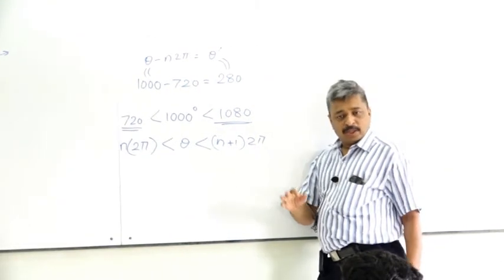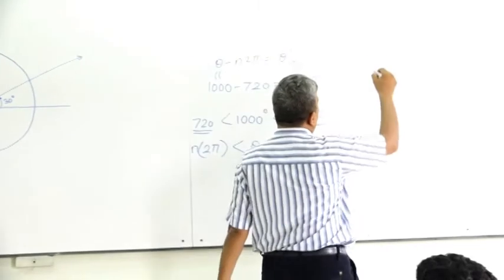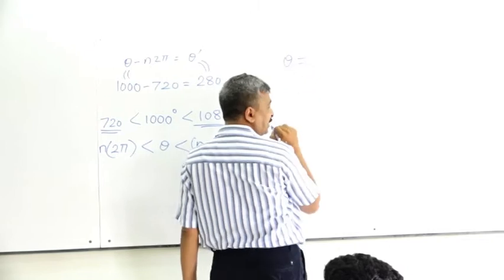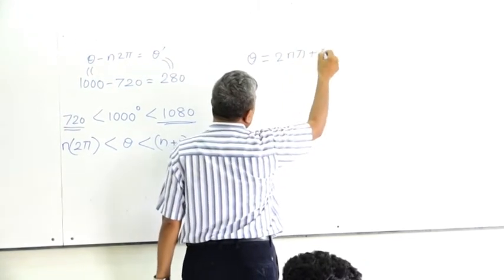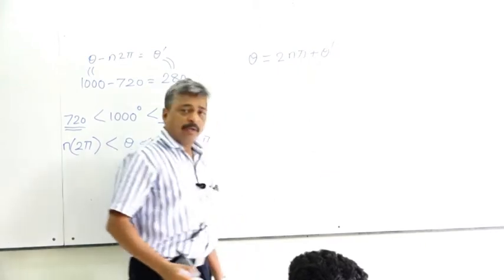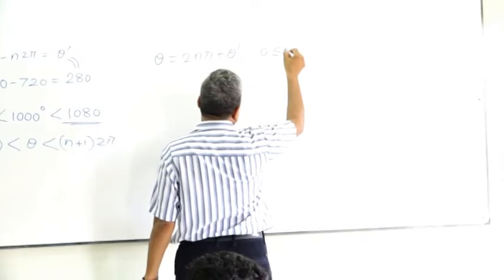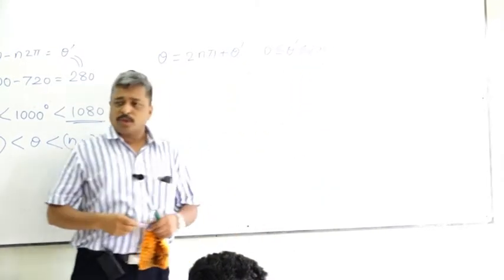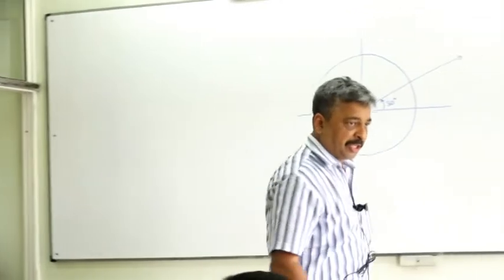Is that right? In other words, can I say that any theta angle given to me can be expressed as 2n pi plus theta dash, where theta dash belongs to 0 less than or equal to theta dash less than or equal to 2 pi. So we have theta belonging to R, and we know its rotational history.